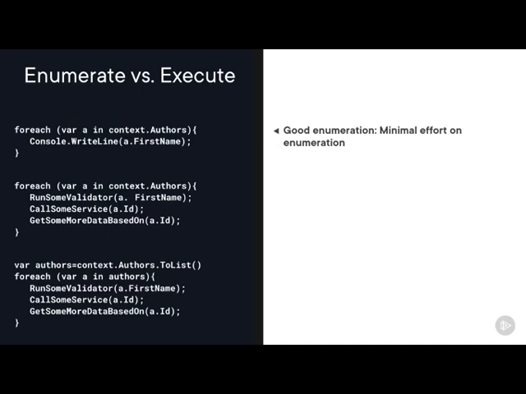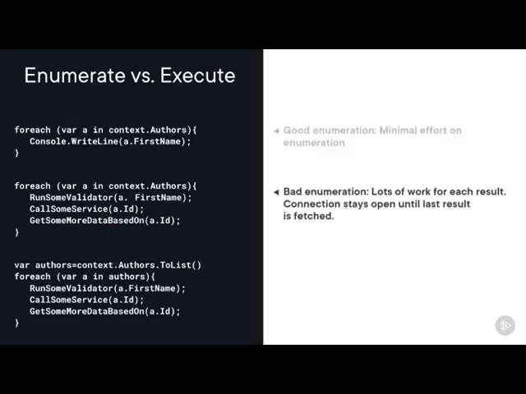But in others, for example, if you start performing a lot of operations on each one of those results while you're still looping through them, not only can it cause performance problems, it could also cause other side effects if other people are interacting with that same data. Being the control freak that I am, I always prefer to just use an explicit execution method, such as ToList, to get all of the results into memory, and then do whatever processing it is that I need to do on them. Your own scenario and performance testing should be able to guide you to the best workflow for your solution.